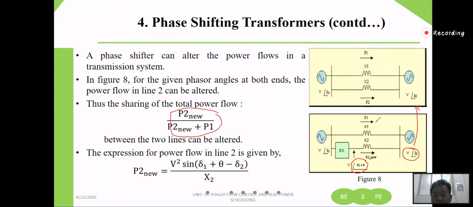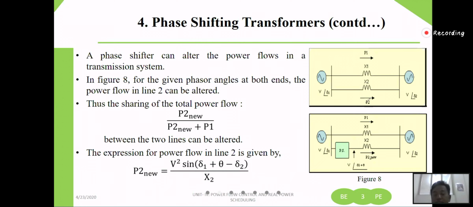The total power sharing in these two lines will be altered by introduction of the phase shifter. That's why we have written P2 new. Earlier you would have P2 divided by P2 plus P1 only. Now instead of P2, you are getting P2 new because of this phase shifter. Because of introduction of the phase shifter, power flowing in line 2 has changed to P2 new from P2.